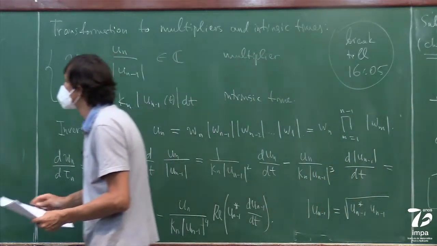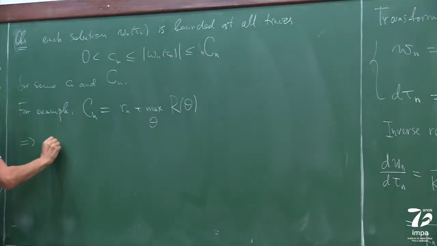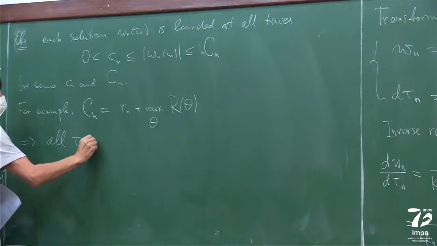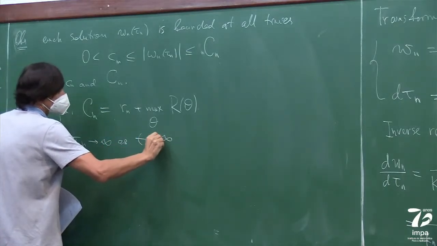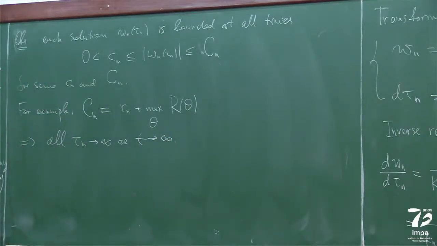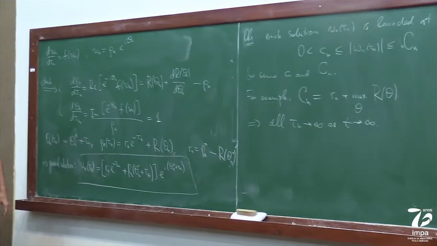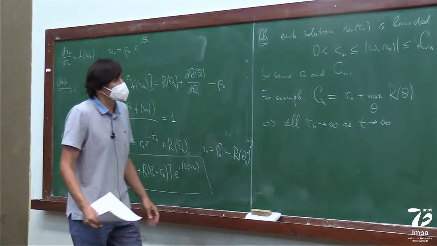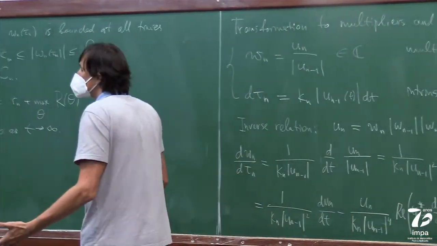So in particular, all intrinsic times go to infinity as time goes to infinity. So this means that with this formula we just solved, we showed that our shell model has a unique solution at all times.